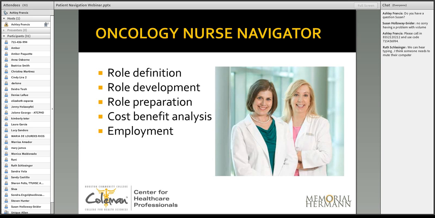The ability to accomplish navigation, though, is sort of leveled, or there are various levels of navigation that each particular entity can achieve. There could be a social work navigator. There could be a nurse navigator. There could be a lay navigator. And as you move up that chain, more patient or survivor issues can be addressed.